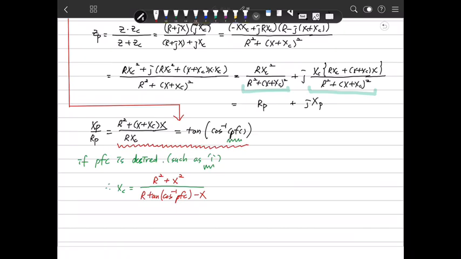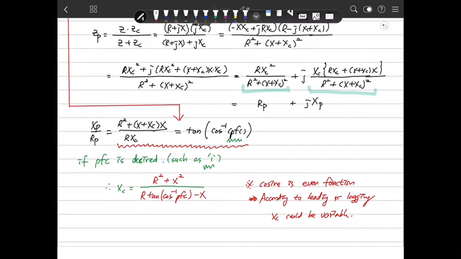Because cosine is an even function, therefore, according to leading or lagging, XC could be very low.